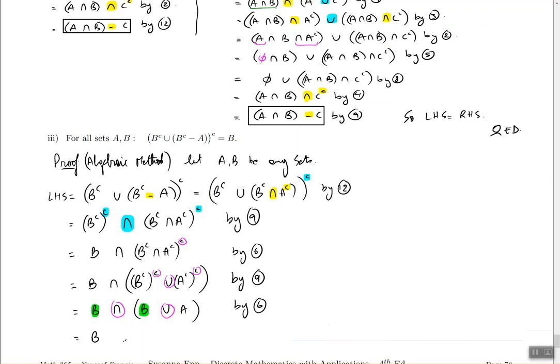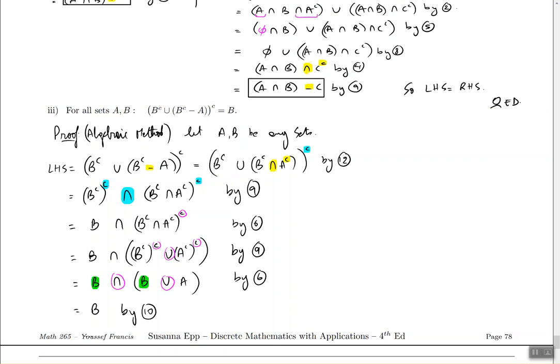This was called absorption law. This is rule number 10, by rule 10. And keep in mind that this is exactly what the right-hand side equals to. So that means that the left-hand side, B complement union (B complement minus A), everything complement, is equal to B. So that means we are finished with the problem, QED.